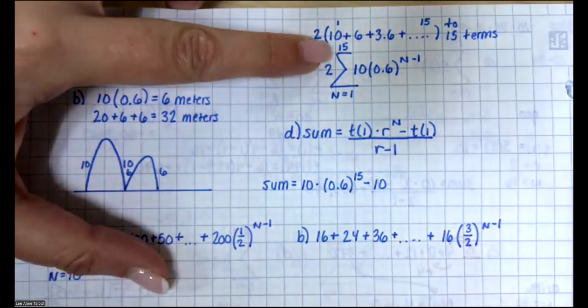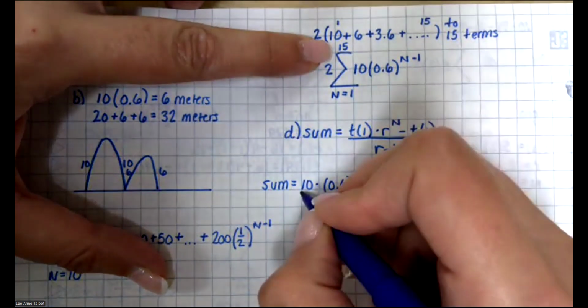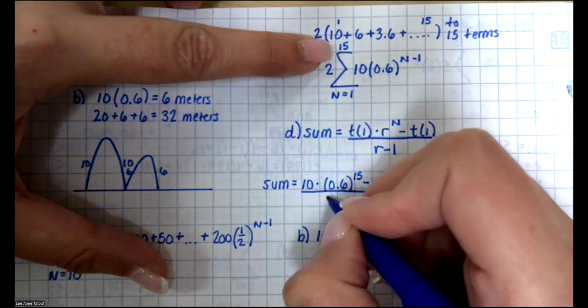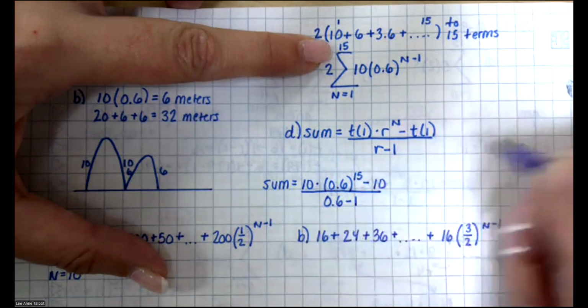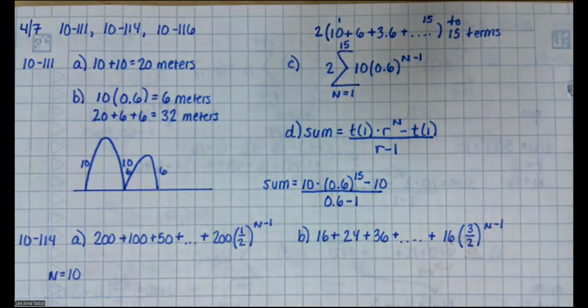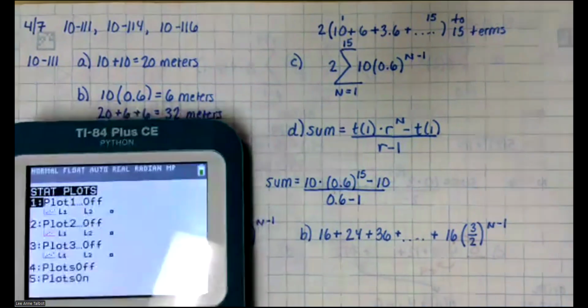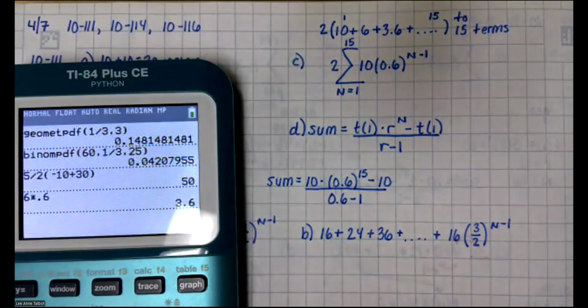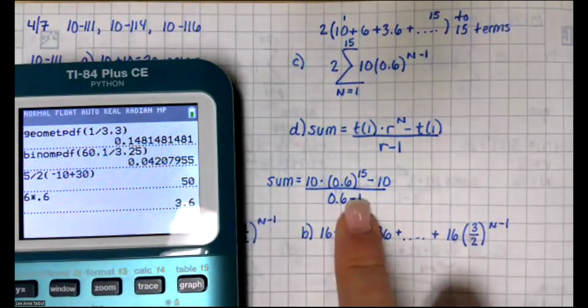Minus the first term, 10, over multiplier minus 1. You guys remember what I said about parentheses? Anybody remember? Parentheses around the top, parentheses around the bottom.